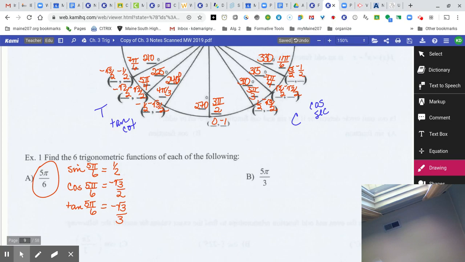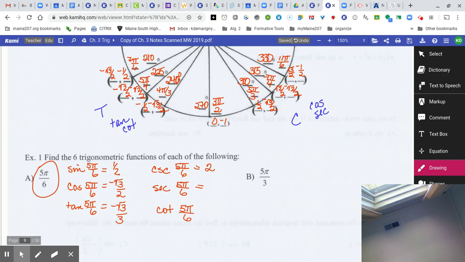When I get to the second 3, I need the cosecant, I need the secant, and then I need the cotan of 5 pi over 6. So what I need are the reciprocal of each one of those. So 1 over 1/2 is 2.